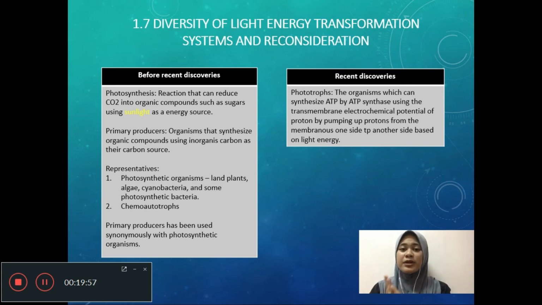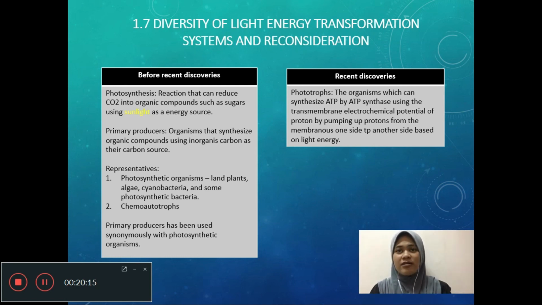Third, phototroph. Phototroph has been used synonymously with photosynthetic organism. Similarly, it has been considered that phototrophs and photosynthetic organisms are almost the same so far.